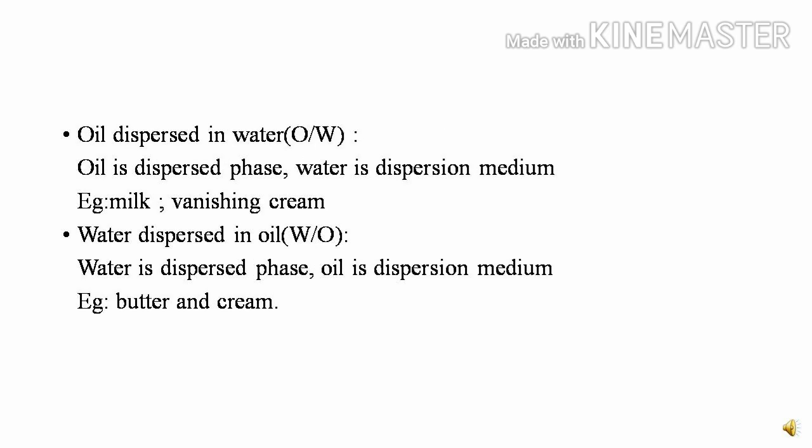Now first let us try to understand oil dispersed in water, simply indicated as O/W. In this case of oil dispersed in water, oil is the dispersed phase and water is the dispersion medium. That means oil is present in less quantity and water is present in more quantity.